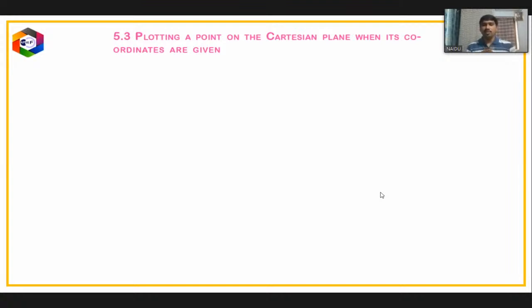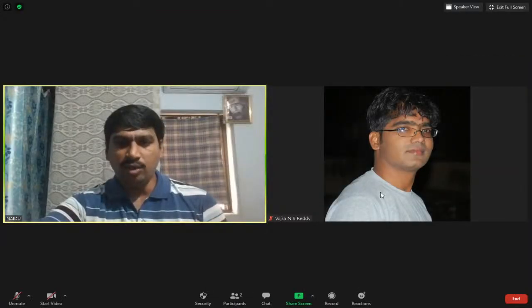As we have discussed, we have plotted and named, but the same thing I am going to explain again through a GeoGebra worksheet for better understanding. Let us observe here. Here I want to share a GeoGebra worksheet. Let us observe, children. I think it is clear and visible to everyone. So to make it practice, this is for quick reference.